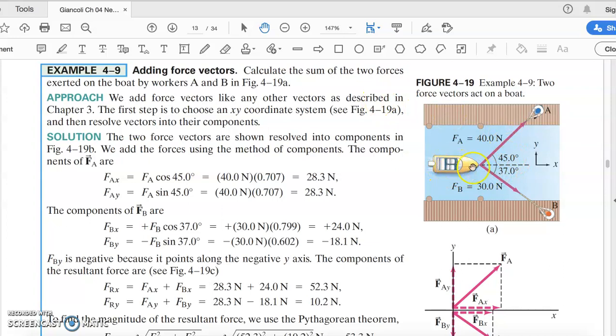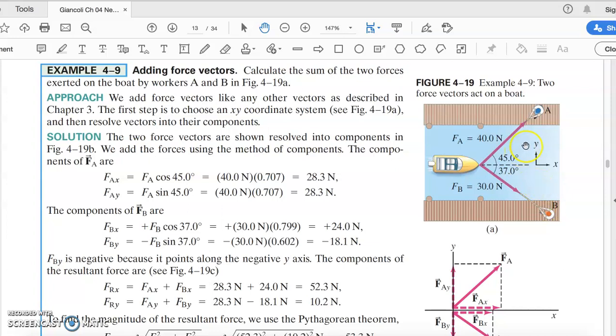So there is a boat here, and there are two workers, worker A and worker B. Worker A is pulling the boat with a force of 40 Newton, and worker B, with the orange hat, is pulling the boat with force B, 30 Newton.